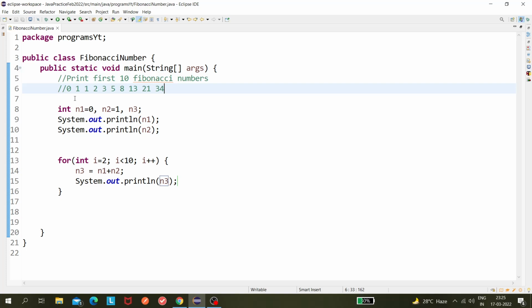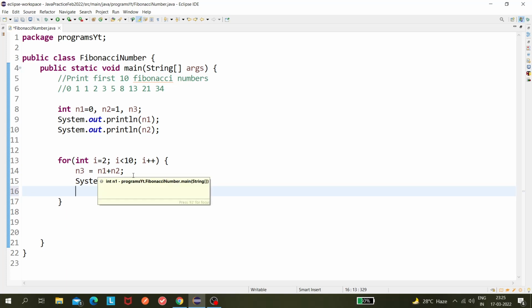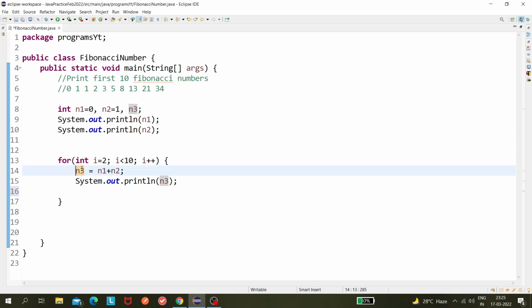Okay, so we have understood how to generate these Fibonacci numbers. So n3 equals n1 plus n2. So you got this n3, and every time this loop runs, n3 value is n1 plus n2, so n3 is now 1, and n1 got printed.